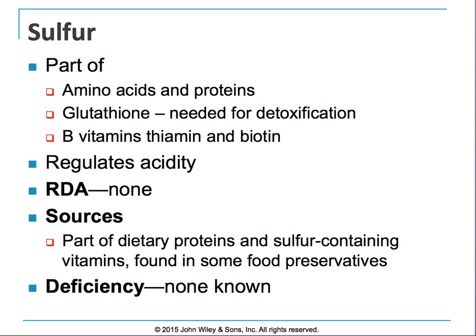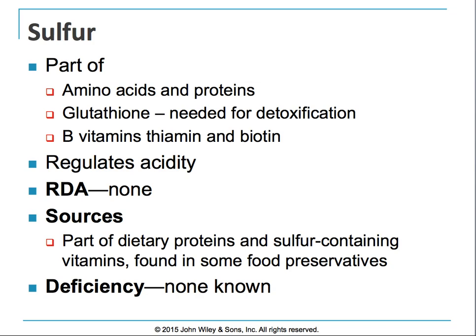And sulfur. Sulfur is part of amino acids and proteins. Glutathione, which is needed for detoxification. And B vitamins, thiamine, and biotin, which we talked about last chapter. Sulfur is a major component in both of those.